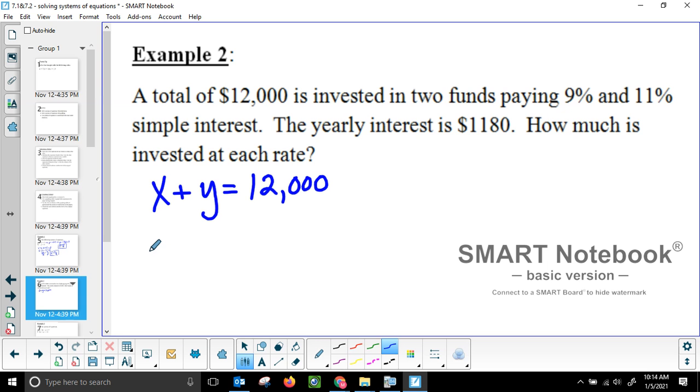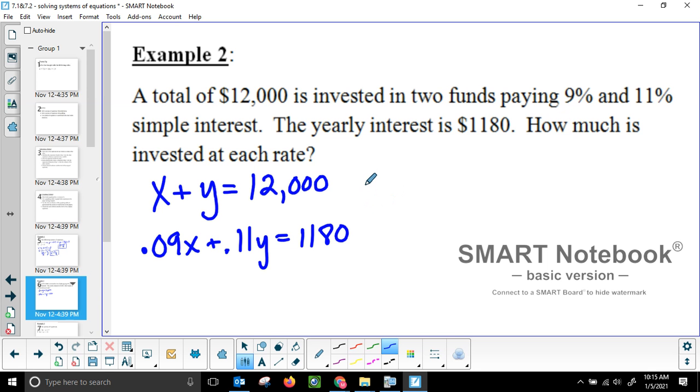So we know that 0.09x plus 0.11y has to equal 1180. Now all we have to do is solve this system.